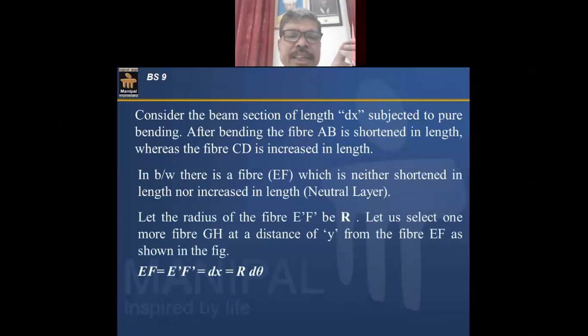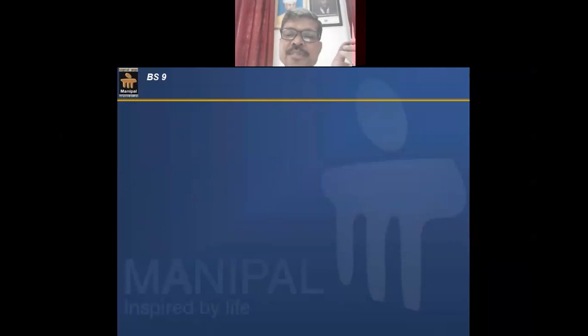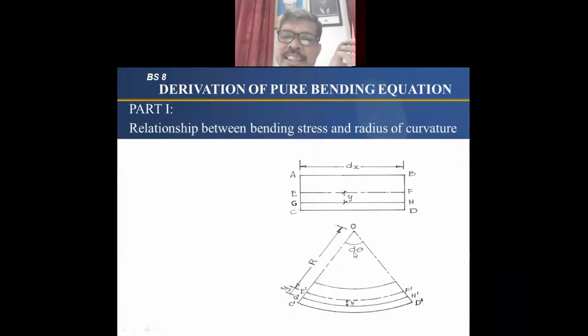EF is equal to E dash F dash is equal to dx, and it is nothing but R d theta. Now see, here this is d theta. So if you look at E dash F dash, that will be R into d theta, because we have considered a very small element, not the entire beam. Therefore we have to consider R into d theta.